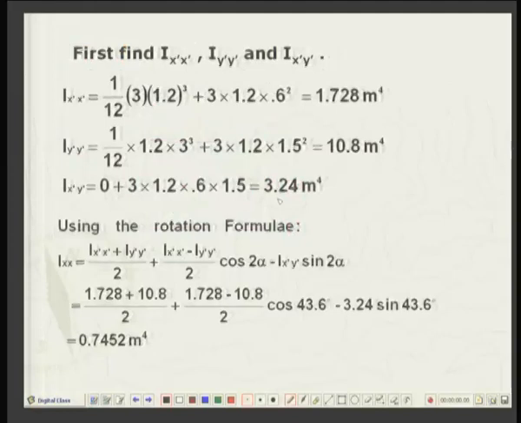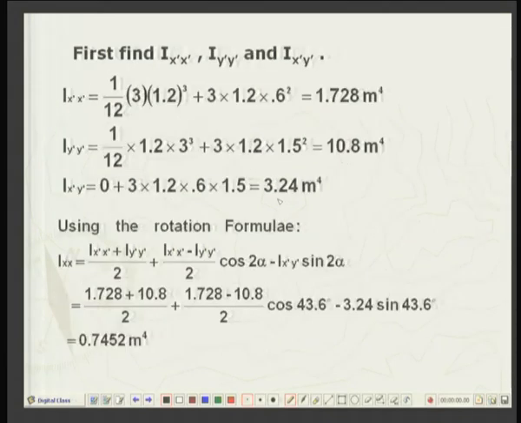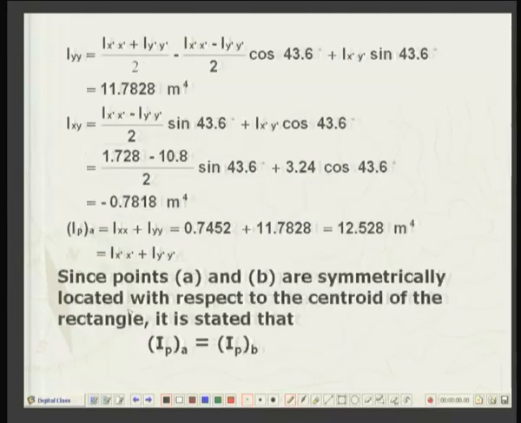So, if I rotate it now through 43.6 degrees, then I will get Ixx by use of the formulas, cosine 2 alpha again we have got, and we will get 0.7452 meter 4, and then we go to Iyy, 11.7828 meter 4, and then the product of area, that is 0.7818 with a negative sign, meter 4.